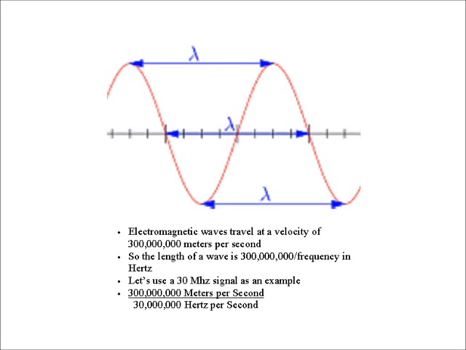So, knowing this allows you to delve a little deeper into this topic of what radio and antennas are all about. Let's talk about electromagnetic waves, their velocity. How fast do these waves travel? And the answer is that first number I gave you, or the third number I gave you, 300 million meters per second.